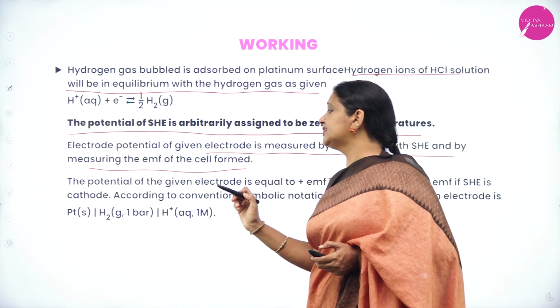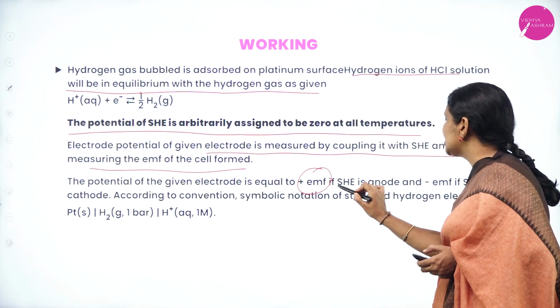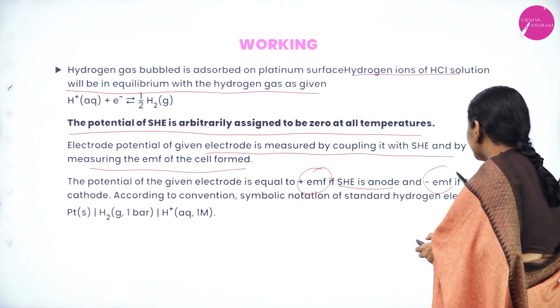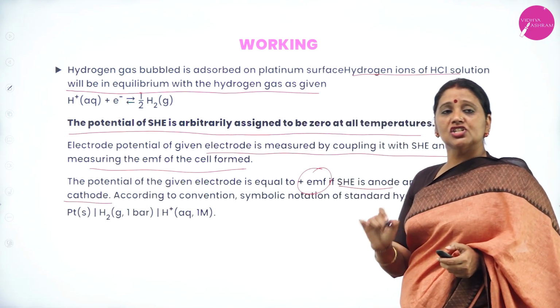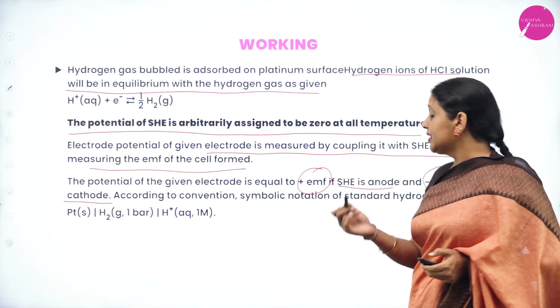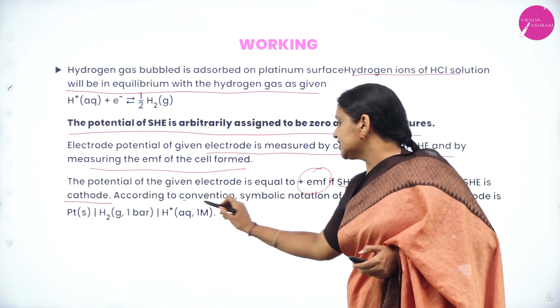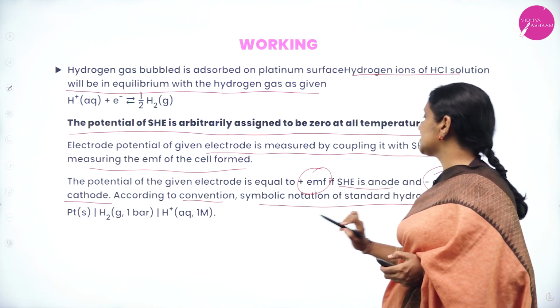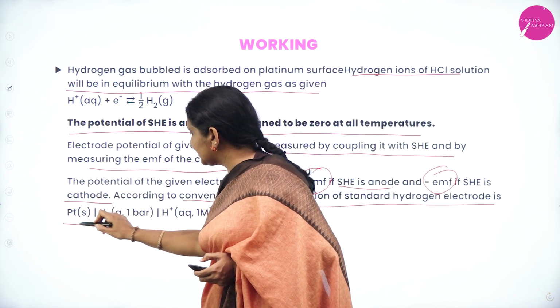If the potential of the given electrode is plus EMF, SHE is the anode. If it is minus EMF, SHE is the cathode. According to convention, the symbolic notation of the standard hydrogen electrode is hydrogen adsorbed on platinum plate.